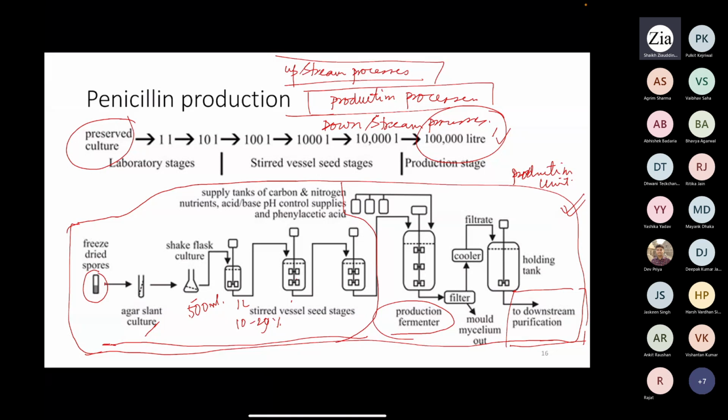The production process can be defined as a production unit because you will mostly be dealing with one particular reactor. Whereas upstream and downstream do not consist of only one machinery or system; you will have a combination of multiple units. That's why instead of calling them upstream unit or downstream unit, you call them upstream process and downstream processes. And the production process can be defined as the production unit.